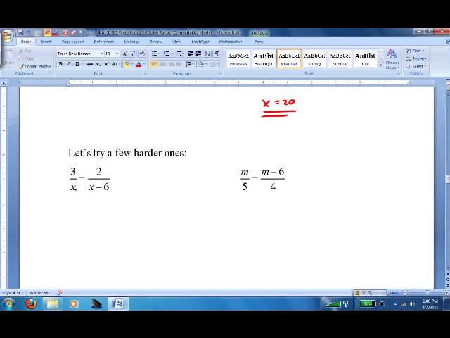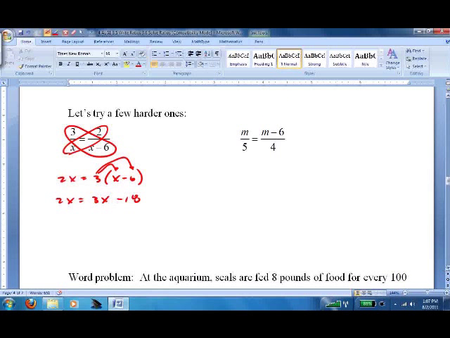Now I am going to circle one last time, and after that I will no longer be circling. So 2x equals 3, and be careful, x minus 6 is a quantity, so you need your parentheses, and then we need to distribute. 2x equals 3x minus 18. I think it'd be easier to move these over this way. So that I get x equals 18.